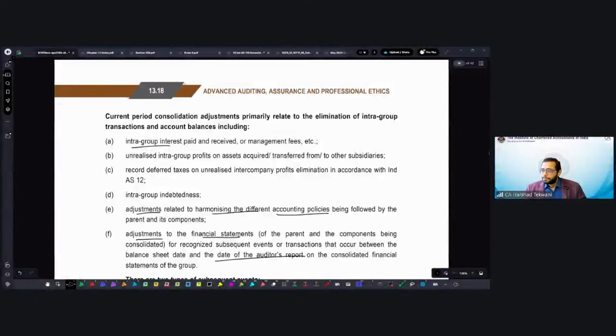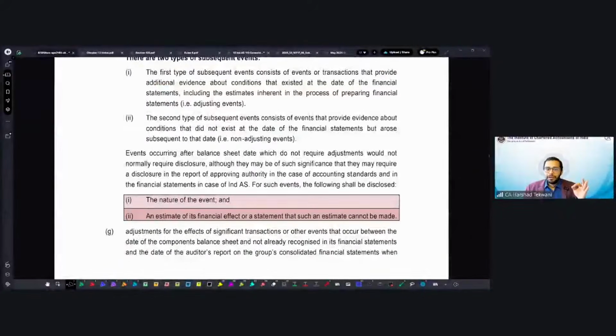Anyone? This particular area is very important. The area is subsequent events, which is the standard on auditing which talks about subsequent events.